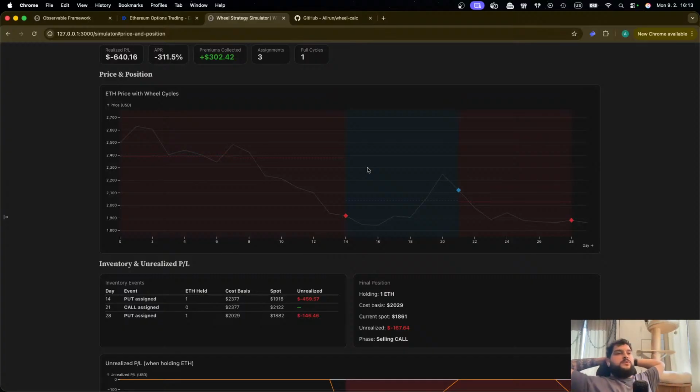deltas for the strike prices if we really don't want to sell, right?